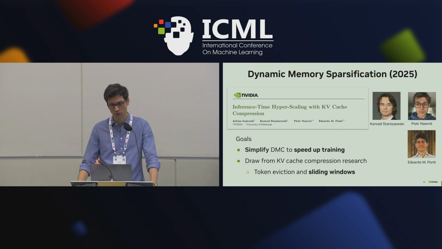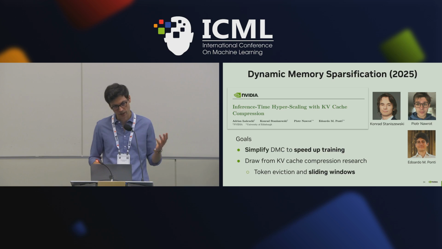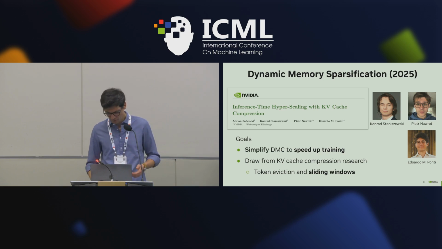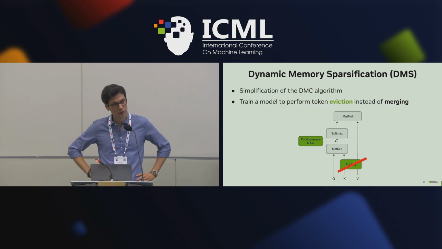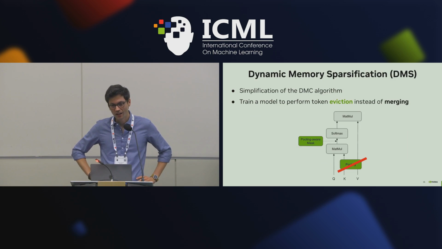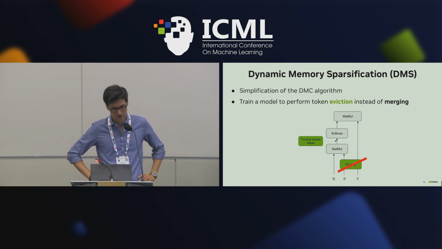Also, we drew from the ongoing research that the community is doing on KV cache compression, which is much focused on token eviction and sliding windows. Those two ideas are really prevalent. And it all started with the question: do we need pooling at all?